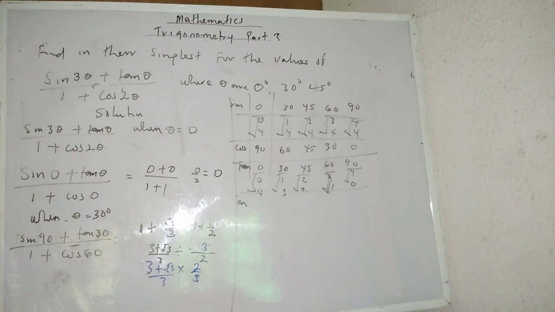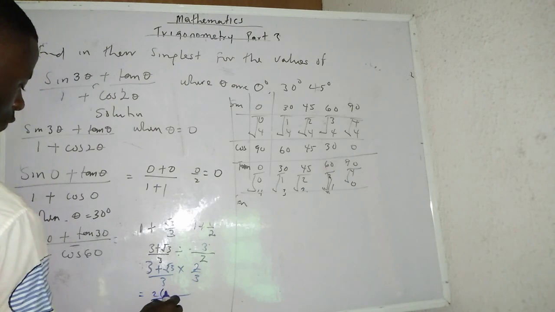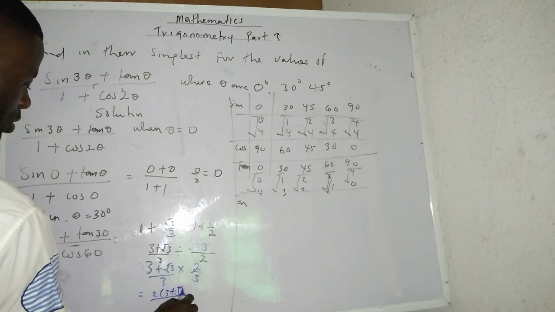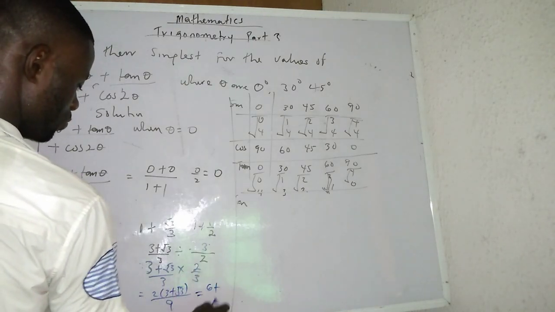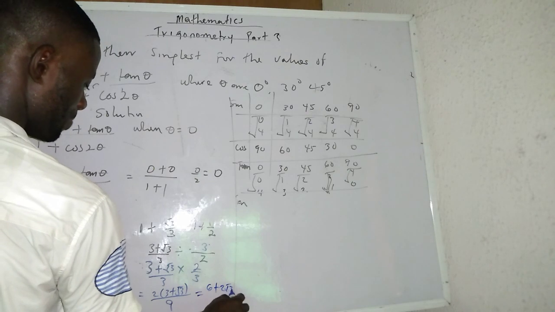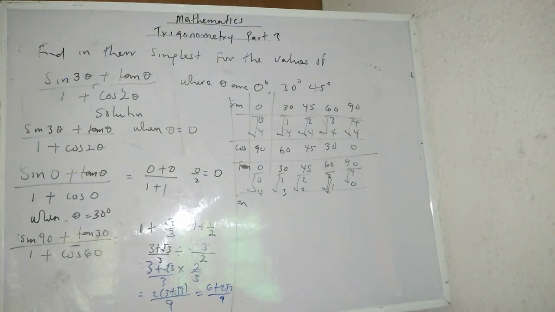Now, since I have that, I can now be having 9 with 2 brackets of 3 plus root 3, which will be 6 plus 2 root 3 all over 9. That is my 6 plus 2 root 3 all over 9.